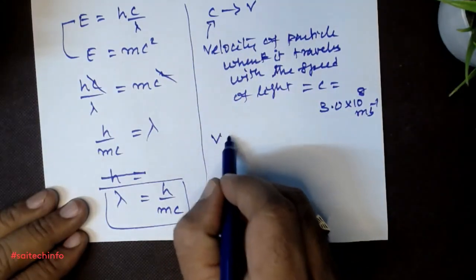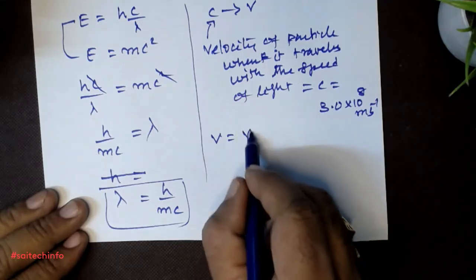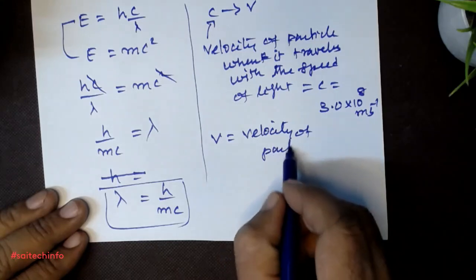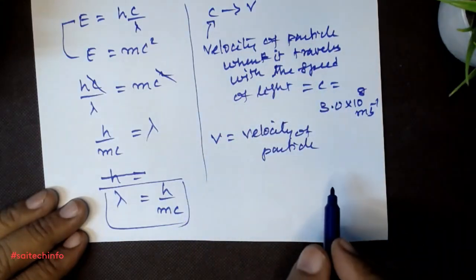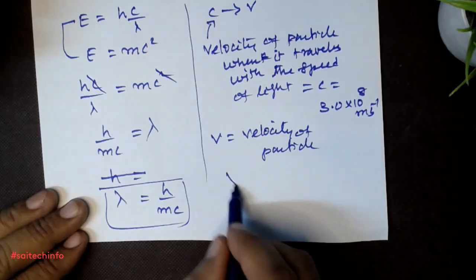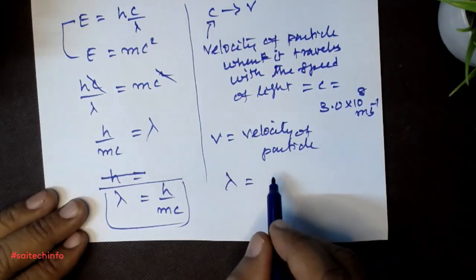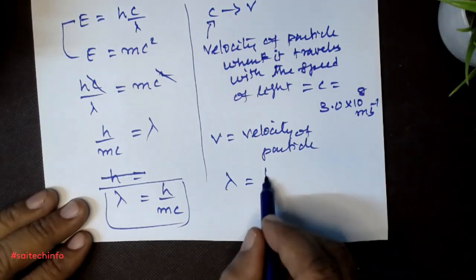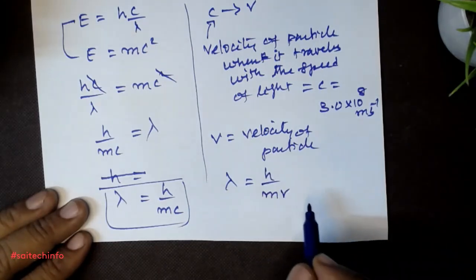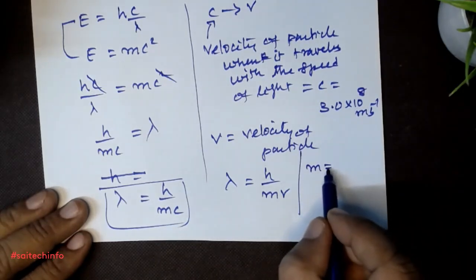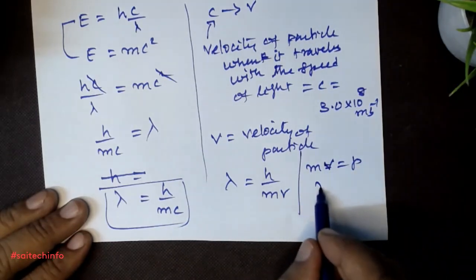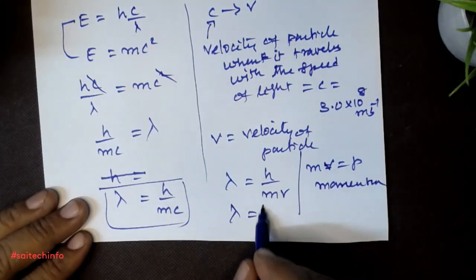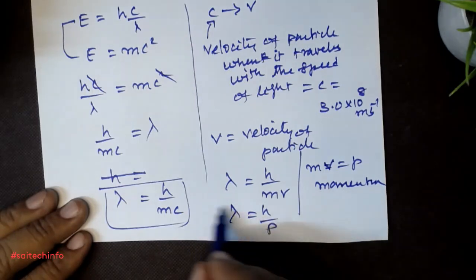And velocity is the normal velocity of the particle when it is less than that of light. So c becomes v. Therefore he suggested this for the particle of matter. So h by mv. We know mv is called momentum. So we can replace this by h by p.